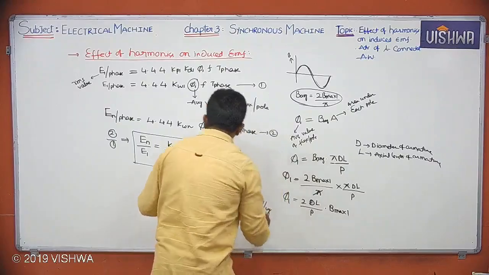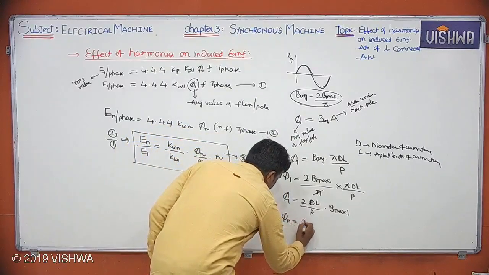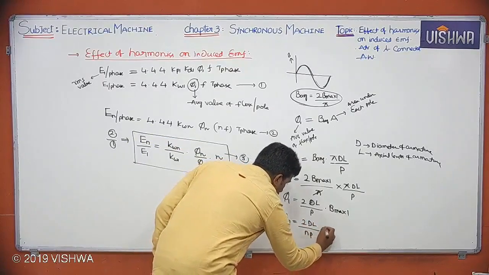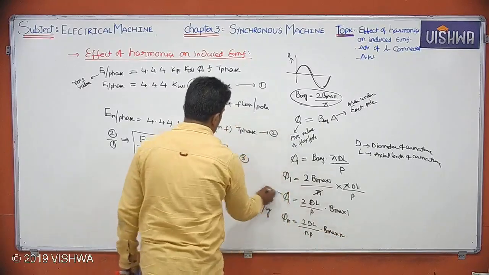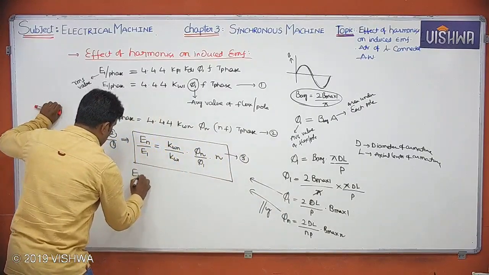Similarly, I'm asking pi n value also. Pi n value, how much? 2 dl by nP into B max n. So these values please substitute here and tell me En by E1 value.